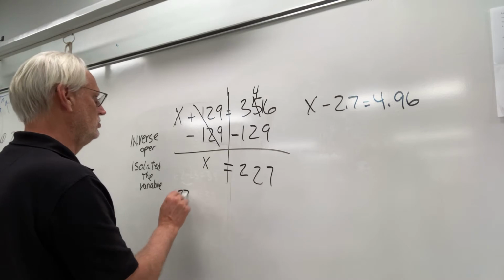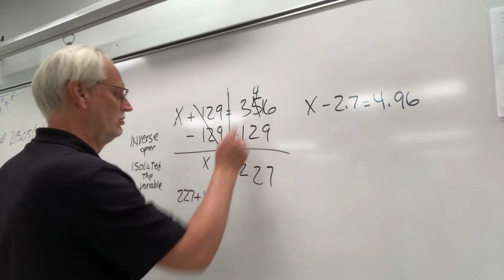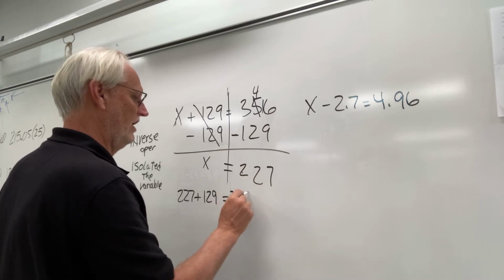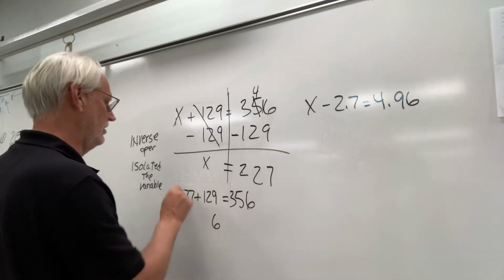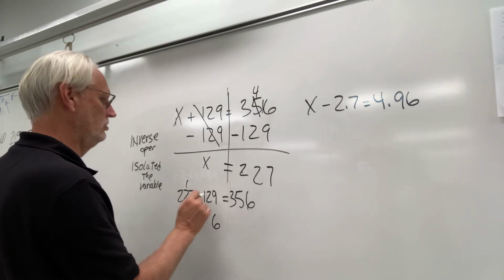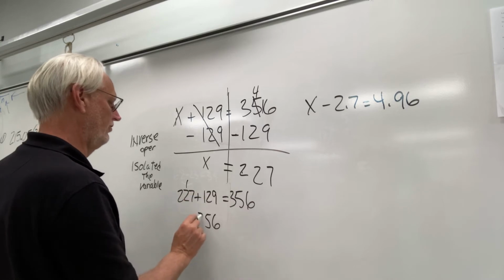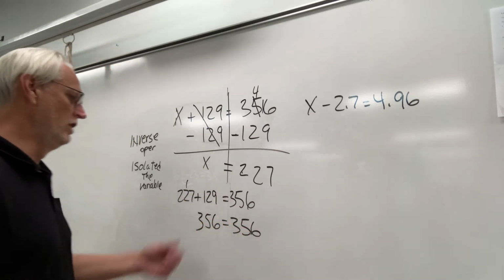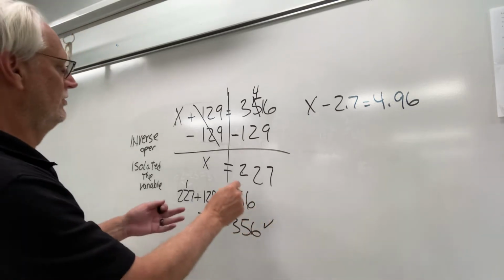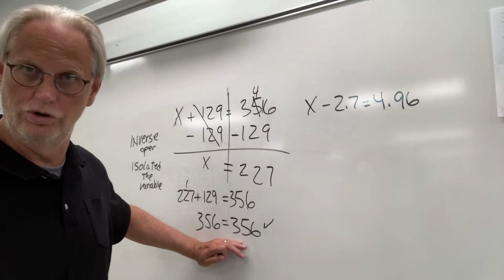So 227 plus 129 equals 356. So 7 and 9 is 16, carry the 1. 1 and 2 and 2 is 5, and 2 and 1 is 3. So there we go. We know that this solution right here makes this equation true.